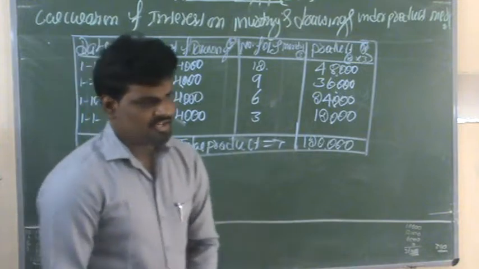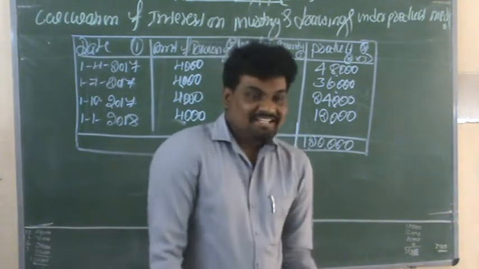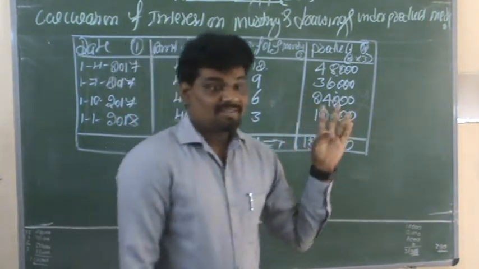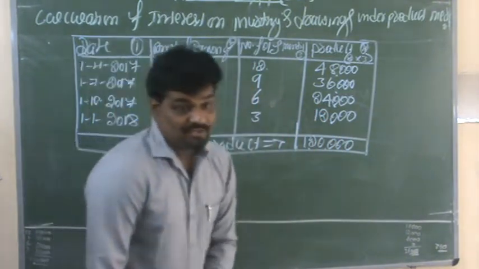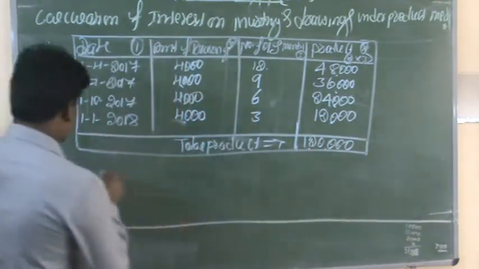But as per this question, we need to ascertain interest on drawings. For the calculation of interest on drawings, there is a formula. Now we need to take that formula.